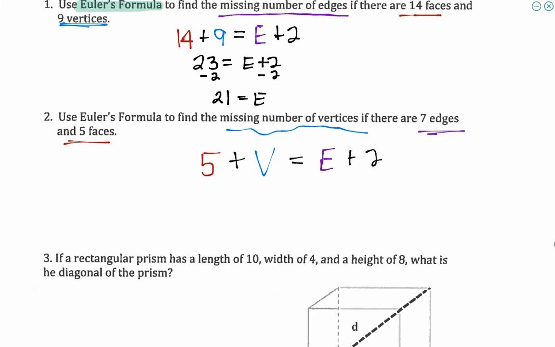Oh, we actually have E. I don't know why I put E there. We need to put the number 7. There we go. So this is 5 plus V equals 9. Subtract the 5. So V is 4. So 4 vertices.